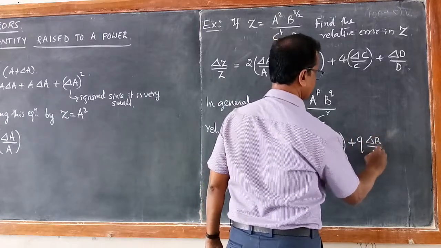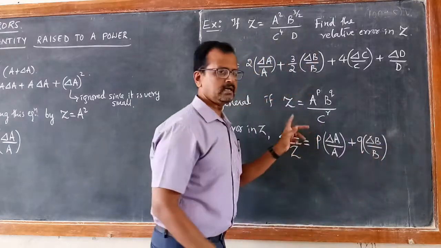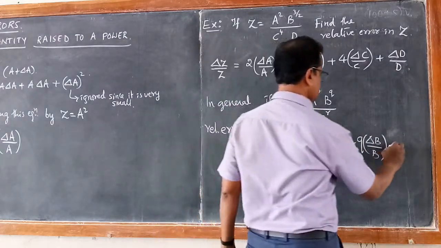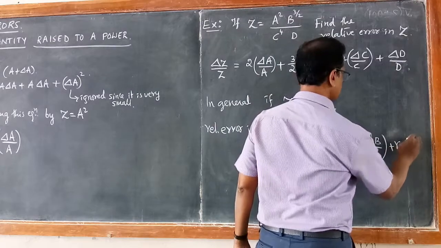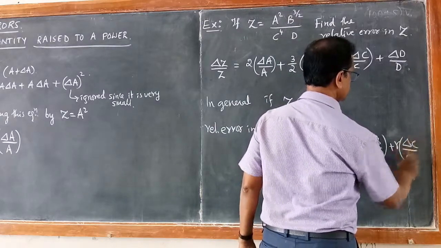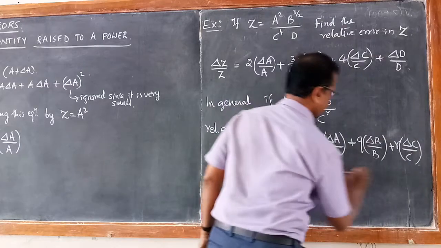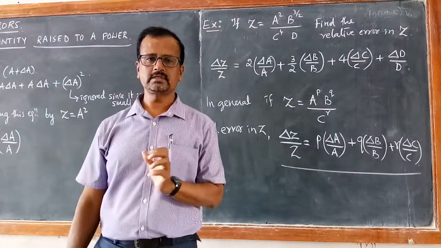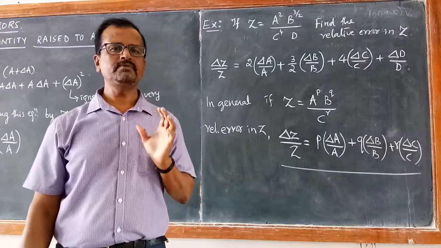They are just added. Even if it is in the denominator, division form, it should be added, plus r delta c by c. So this is how we calculate the final results using the rules of the combination of errors.